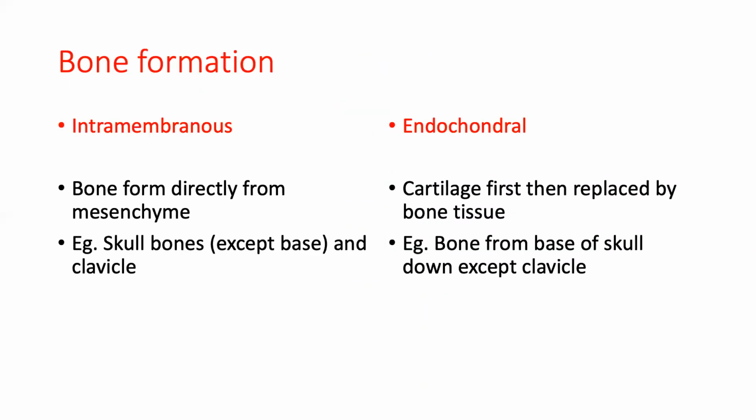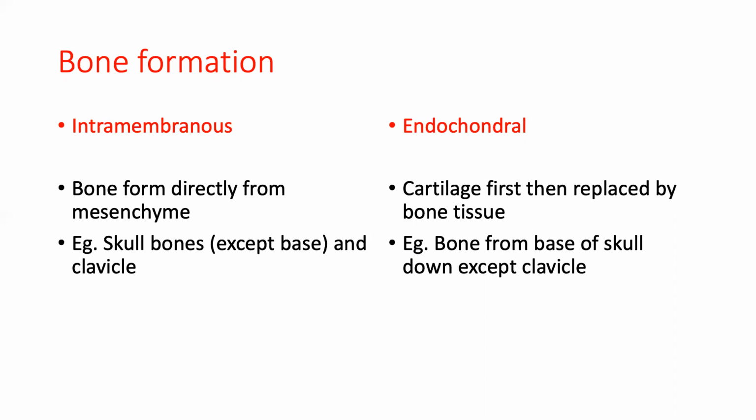Let's talk about bone formation. Bones are formed in two ways, intramembranous and endochondral. Intramembranous means the mesenchymal cells, the stem cells, just form into bone directly. So bone forms directly from mesenchymal tissue.